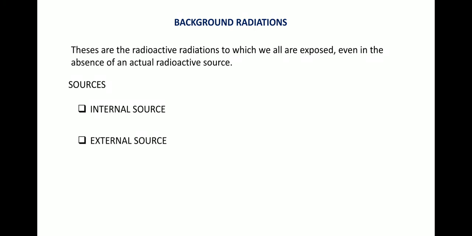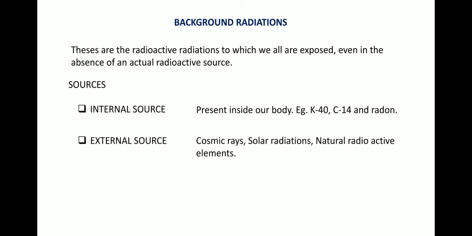When we say internal source, we are talking about our body itself. These are the elements which are present inside our body, for example, potassium, carbon, and radon. In the external source, the cosmic rays, solar radiations, and natural radioactive elements are the external source.